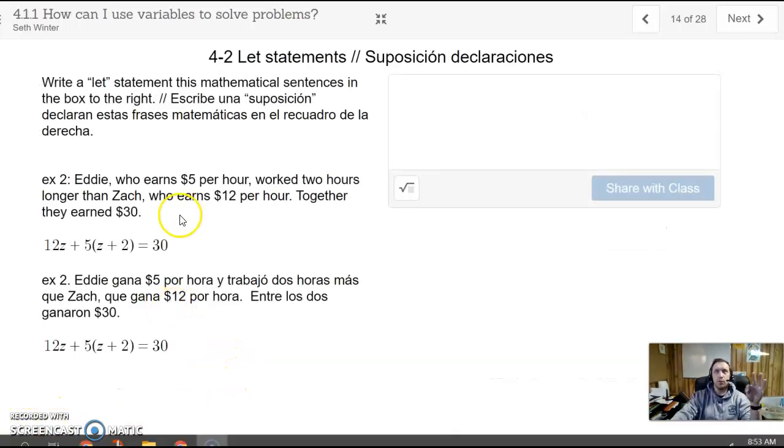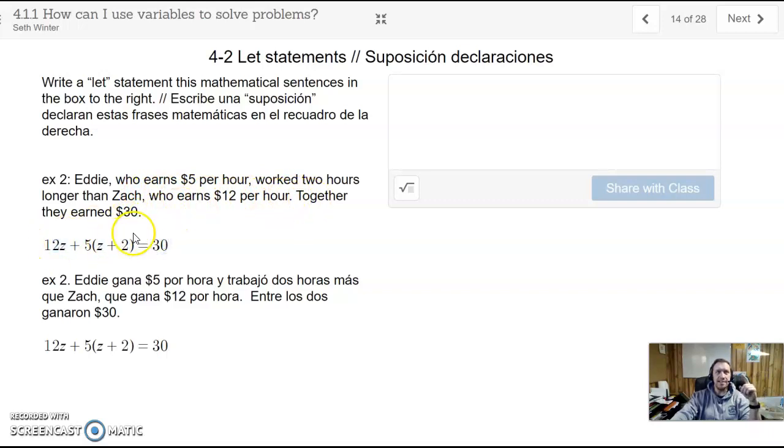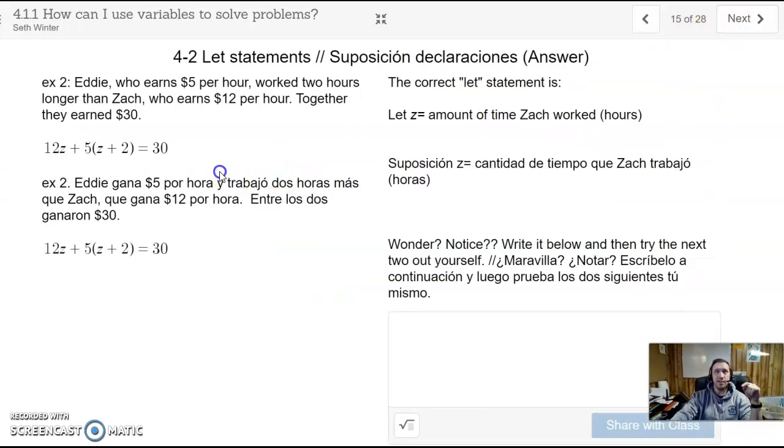So there's 3 more of these. Here, Eddie, who earns $5 more per hour, worked 2 hours longer than Zach, who earns $12 per hour. Go ahead and try out what you think that Z should stand for, okay? When you try that, type it in here, and then see your answer on the next slide.